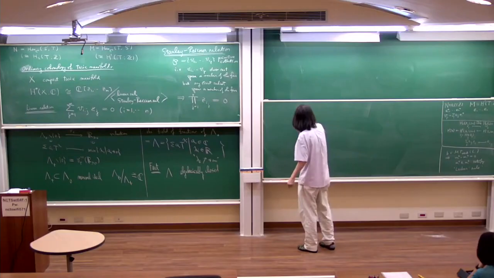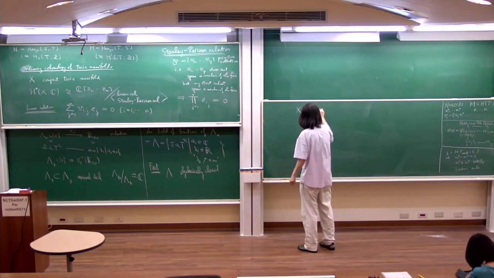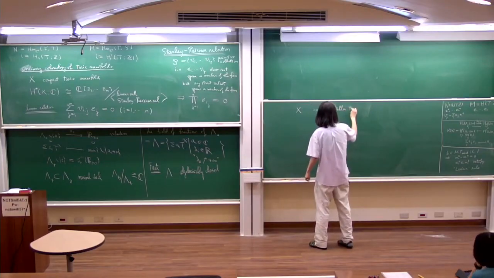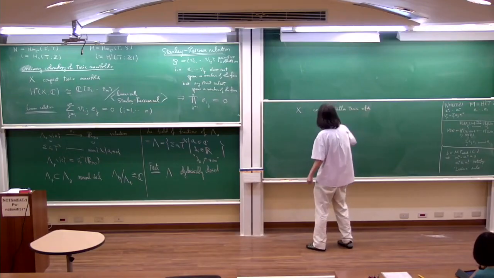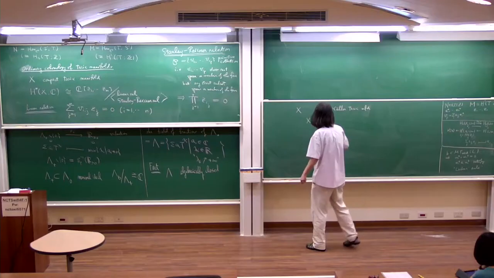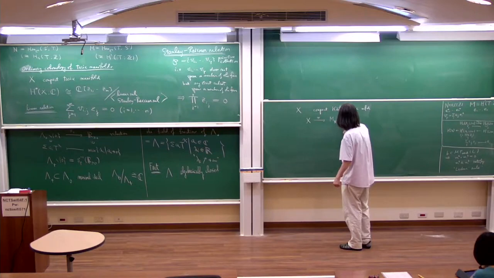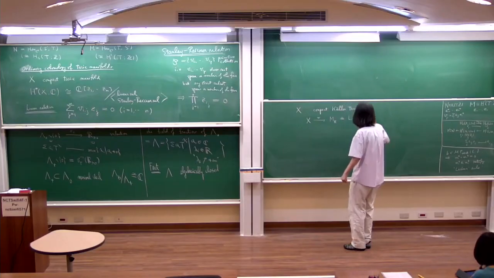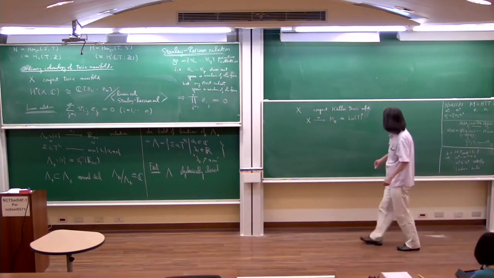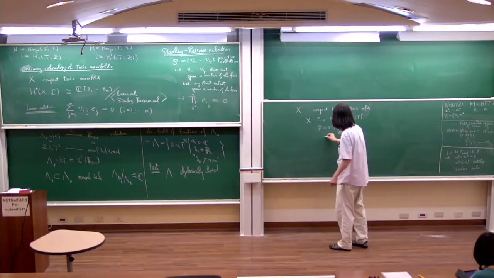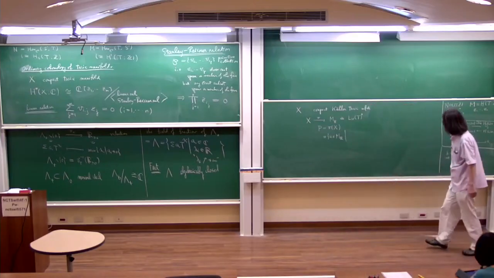So X is this compact toric manifold, and then I have a momentum map to this R^n, which is actually isomorphic to the real of the Lie algebra, and here P is a polytope, which is defined by a collection of affine inequalities.